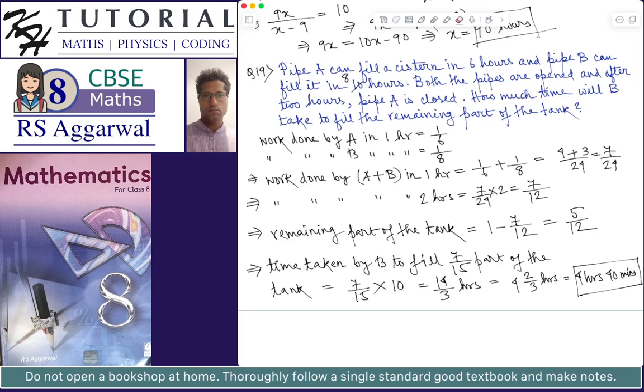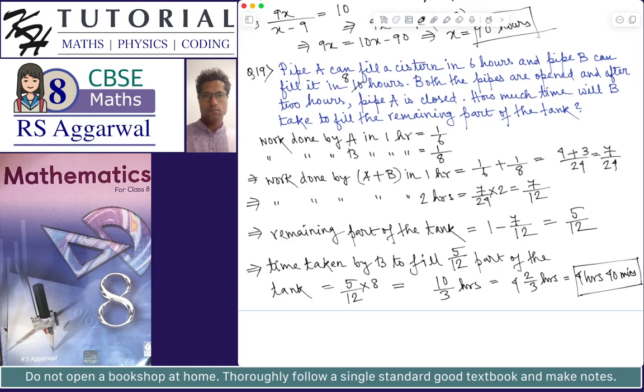So now we have to find how much time the pipe B will take to fill 5 by 12 part of the tank, which will be 5 by 12 multiplied by 8, which is equal to 10 by 3.